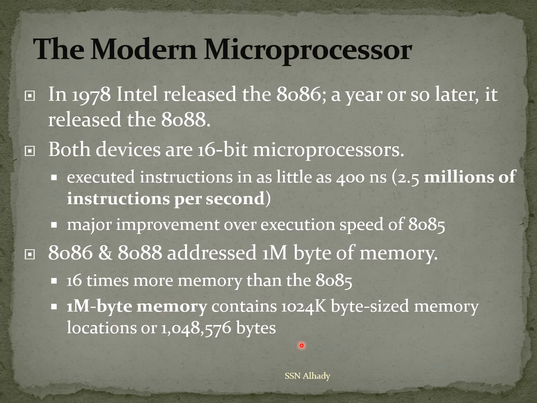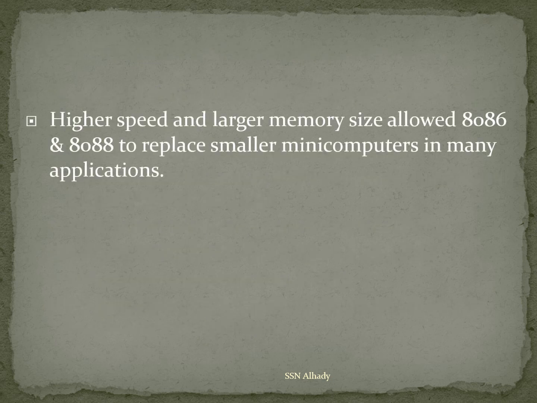This is the total number of locations. Higher speed and larger memory size allow the 8086 and 8088 to replace smaller minicomputers in many applications. General purpose minicomputer means.